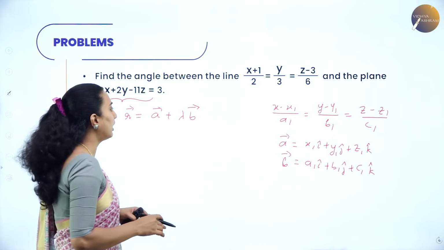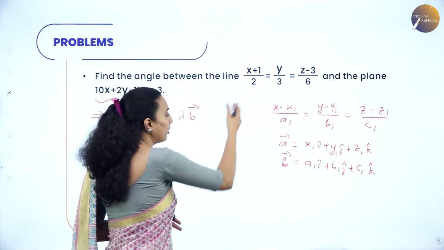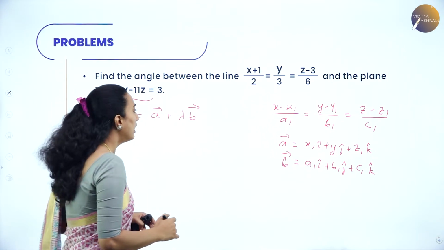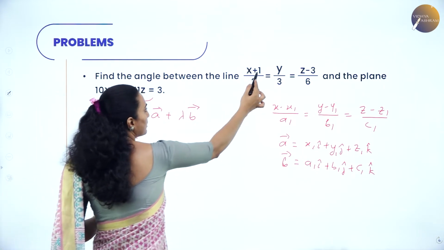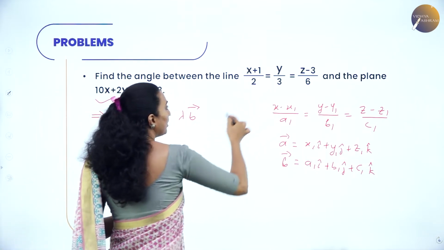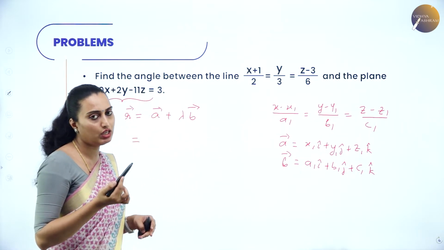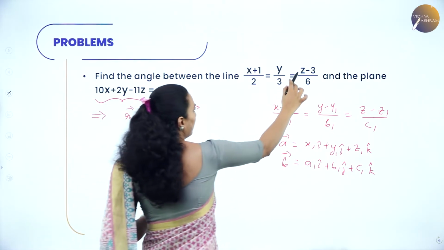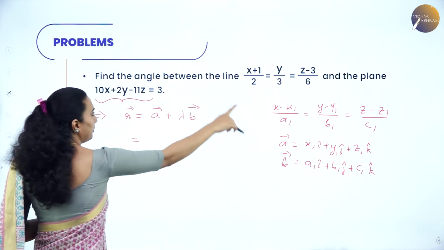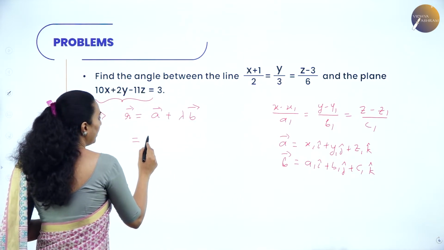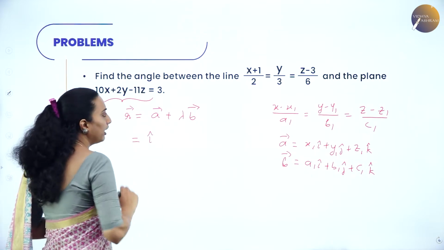So according to the comparison to the equation, what can you have? Therefore, the a vector can be written as: this is x1, y1 is nothing but y minus 0, so 0 is the y1, and z minus 3 gives z1 as 3. So the a vector will be equal to 1i, 1 into i is nothing but i.